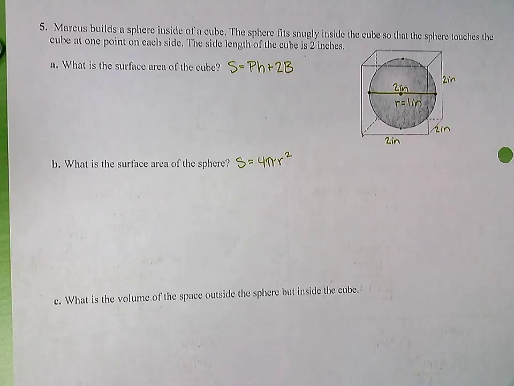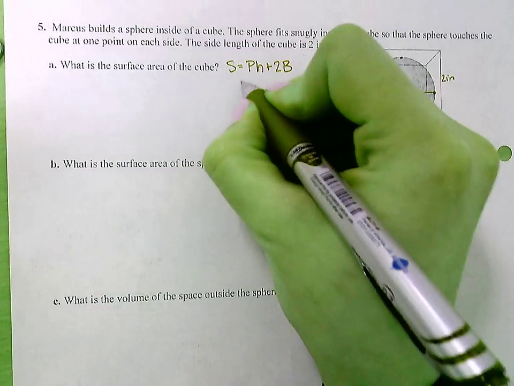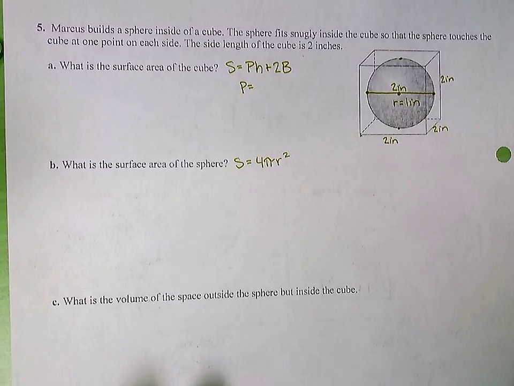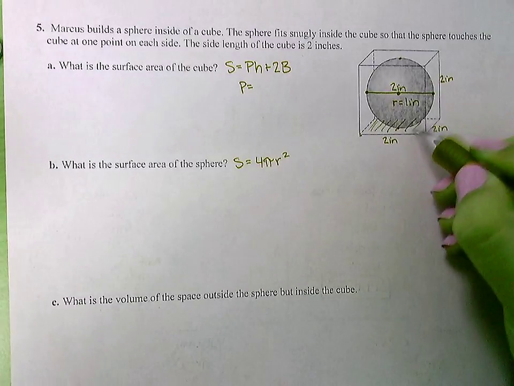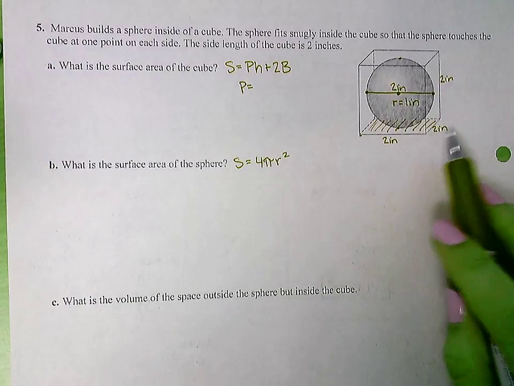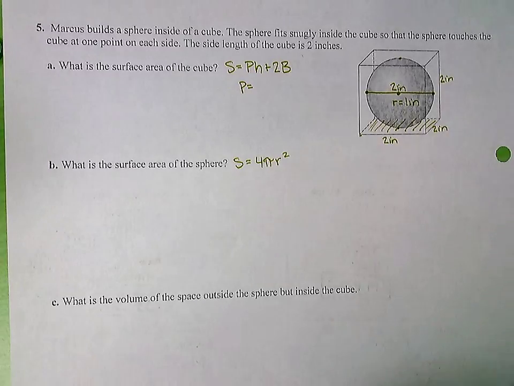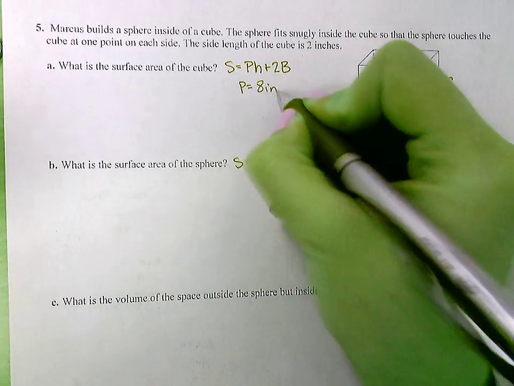Okay, starting to go through letters A and B here. Surface area of a cube. Finding P. P is the perimeter of the base of the cube. So adding up this base right here, we have 2 plus 2 plus 2 plus 2, which is 8.